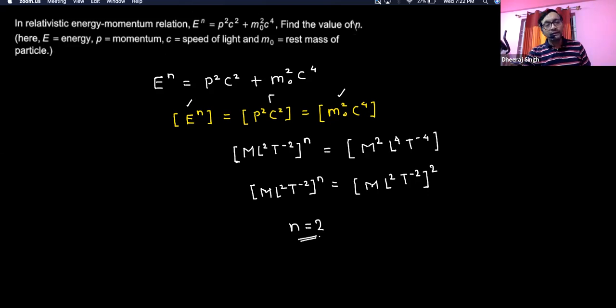These dimensions should be equal because you're adding the variables. You can add the variables only when their dimensions are equal. Now the dimension of that can be written as m naught square is M square, then c to the power 4 is the velocity dimension to the power 4, and then you take 2 common, and then you compare. n should be equal to 2 for them to be equal. Understood?